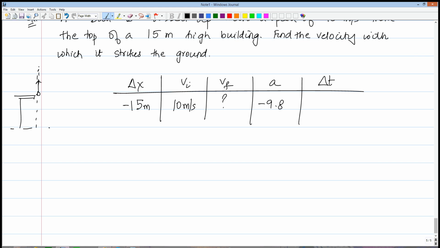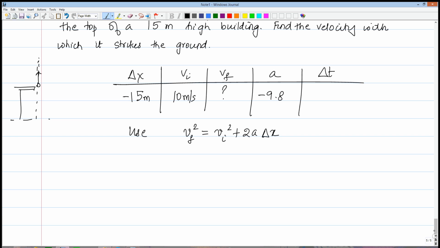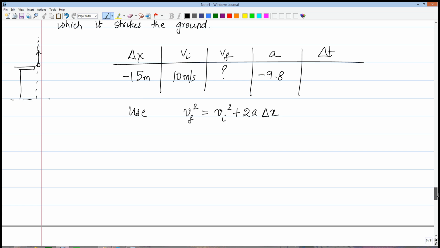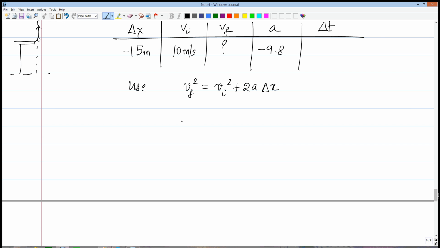Alright, we're looking for vf. And let's use equation 4, which is vf squared is vi squared plus 2a delta x. Alright, now let's substitute for all the stuff. So we have vf squared equals vi squared, which is 10 squared, plus 2 times a, which is negative 9.8, times delta x, which is minus 15.